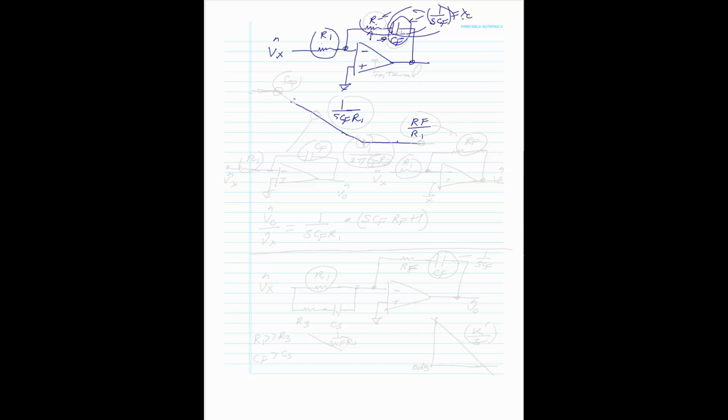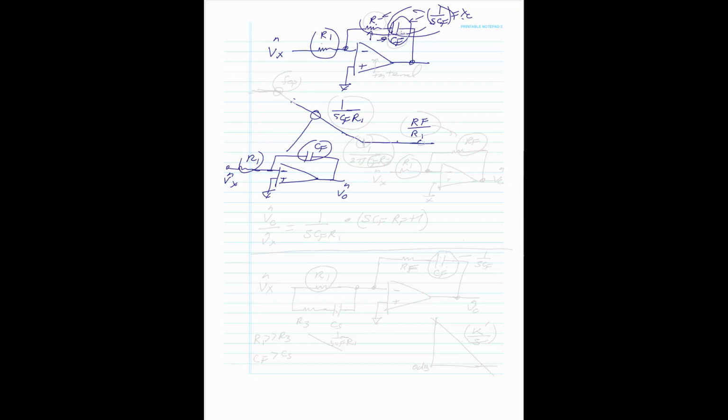So if you look at it circuit-wise, this looks like a circuit that looks like this. That's what that looks like. So you could see that the gain is this over this.